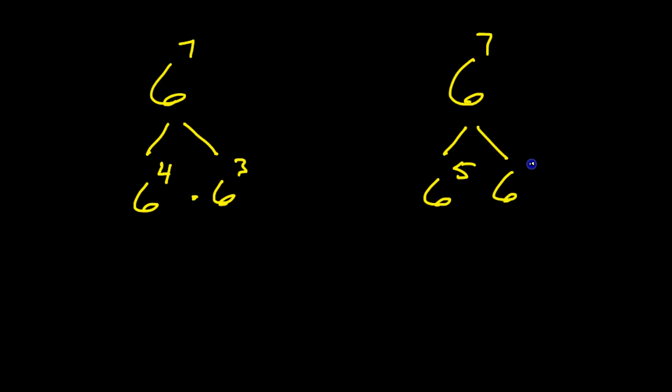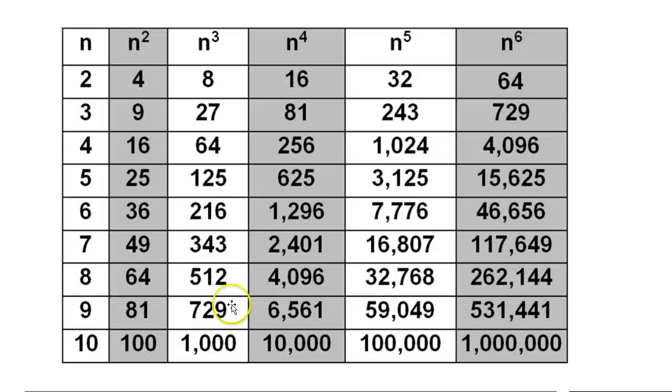For example, we could go 6 to the 4th power times 6 to the 3rd power. You don't have to split it up this way. You just need something smaller. You could have done 6 to the 5th power times 6 squared. You can really split it up however you want, as long as both things are on this chart.